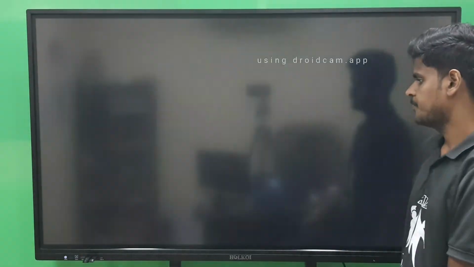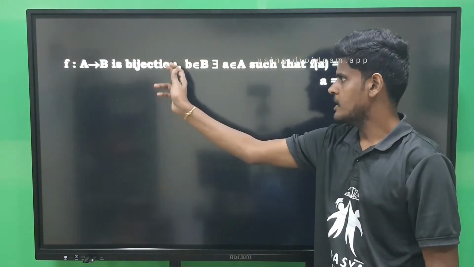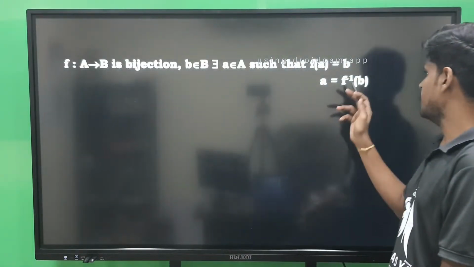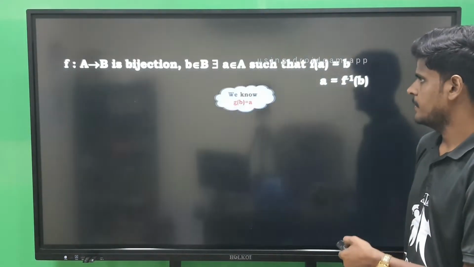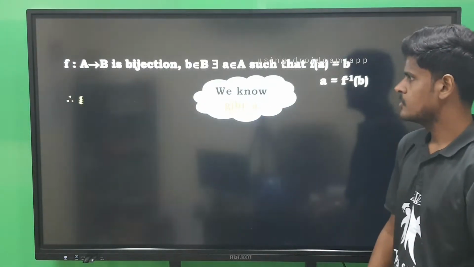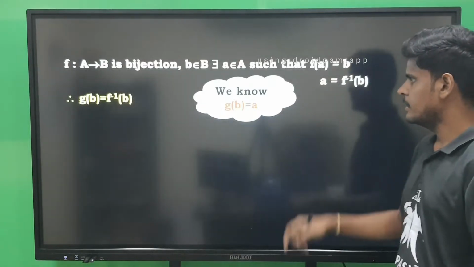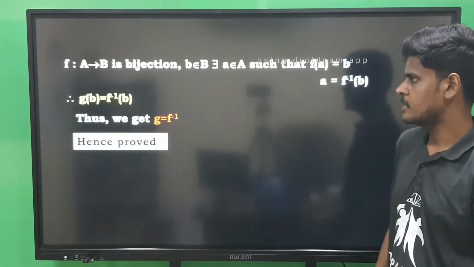Then f is also a bijection. That means f of a equal to b. That is f inverse of b equal to a. And what is a? g of b. So substitute in that. That means f of g of b equal to b. That means f equal to g inverse.